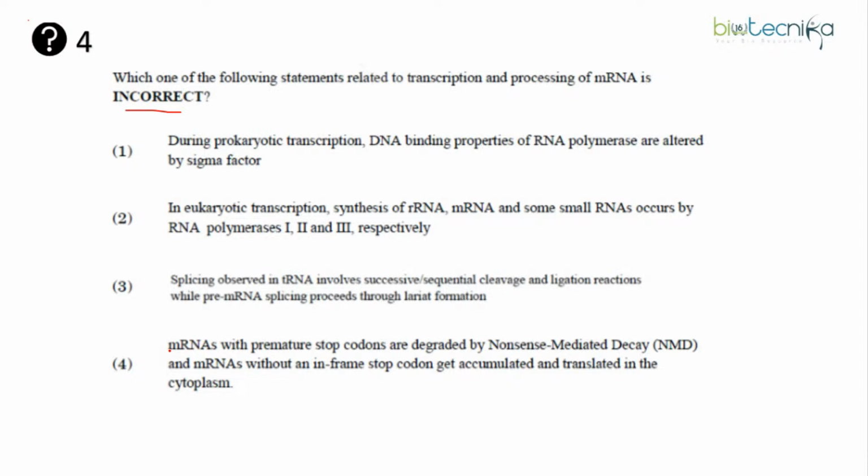And then, mRNAs with premature stop codons are degraded by nonsense mediated decay, and mRNAs without in-frame stop codon get accumulated and translated in the cytoplasm. So even if you don't know what nonsense mediated decay is, it doesn't matter.